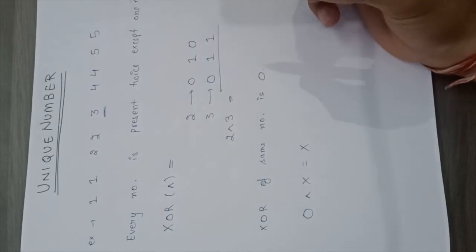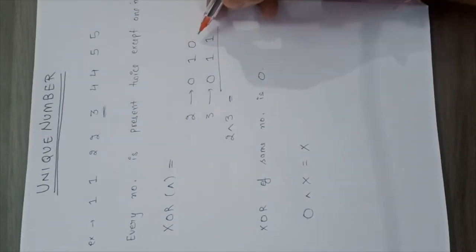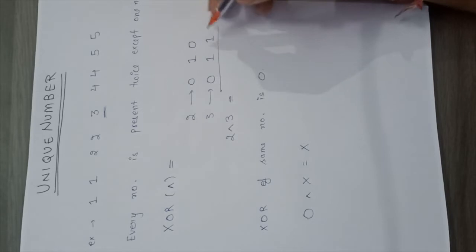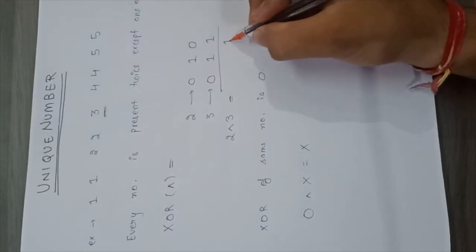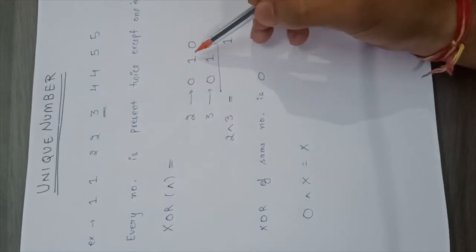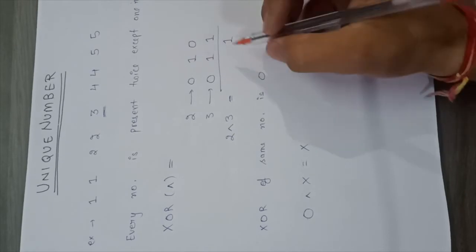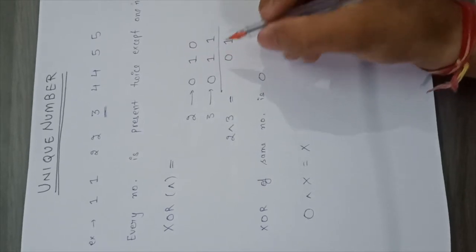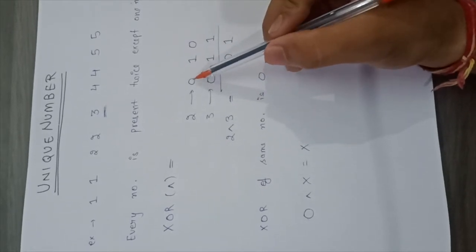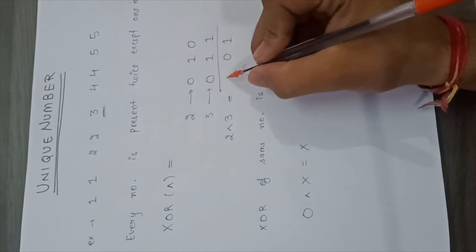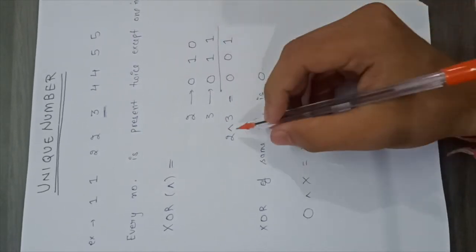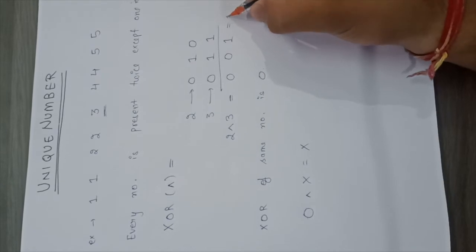For different bits we have XOR as 1. So 0 and 1, the bits are different, so we'll be having 1. So for 1 and 1 the bits are same, so we will have 0. So 0 and 0 same bits, we will have 0. So the XOR of 2 and 3 will be 1 only.